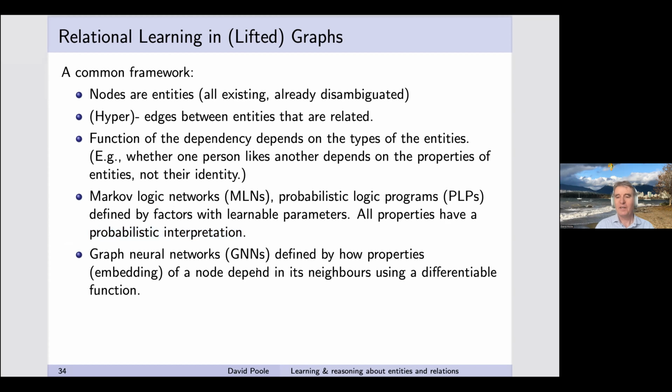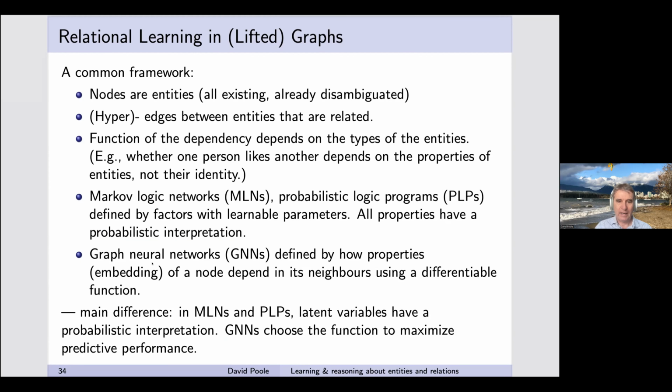Let's just do some differentiable function we can actually run gradient descent on. That's the different game that people play here. They're actually very similar in lots of ways. You could pretend they're very different, but they're not. One tries to have a probabilistic interpretation, but the other uses a differentiable function and doesn't care about the interpretation of hidden variables. So GNNs just choose the function to maximize predictive performance.